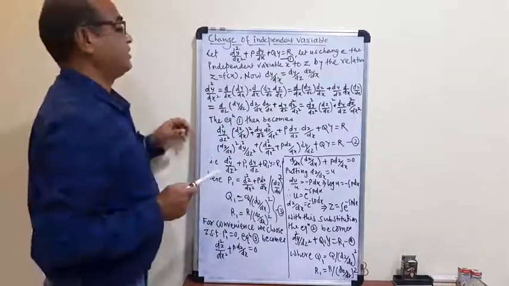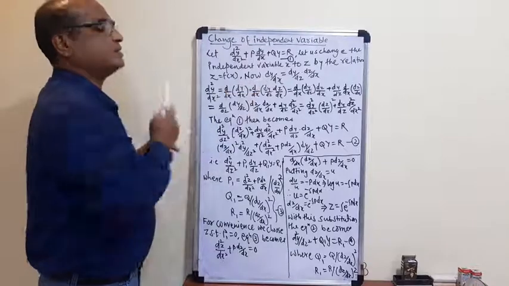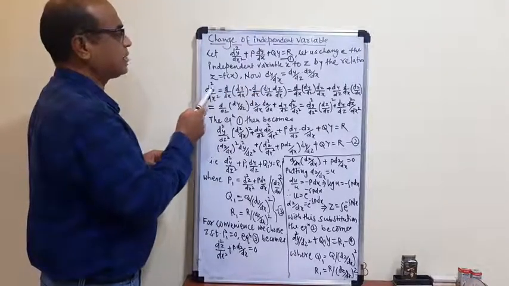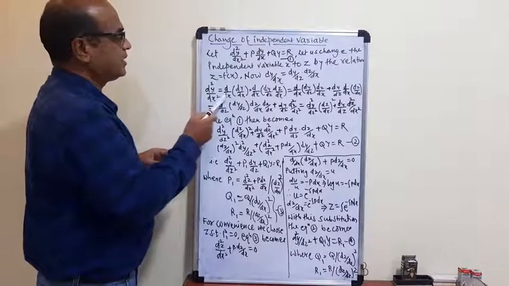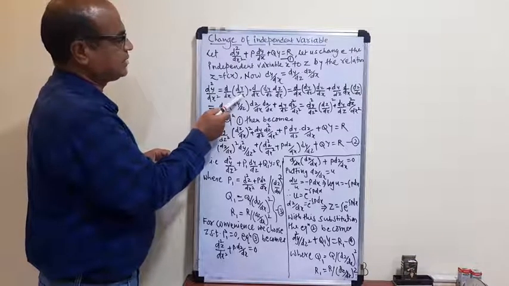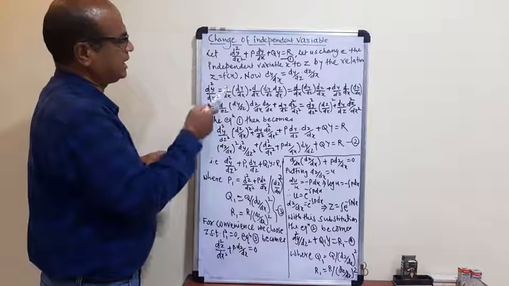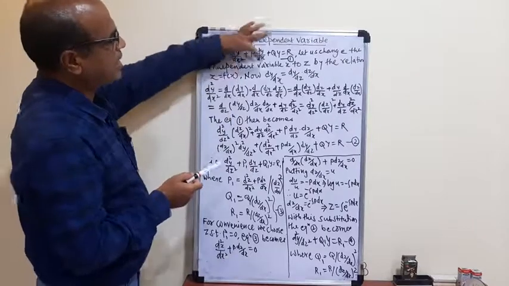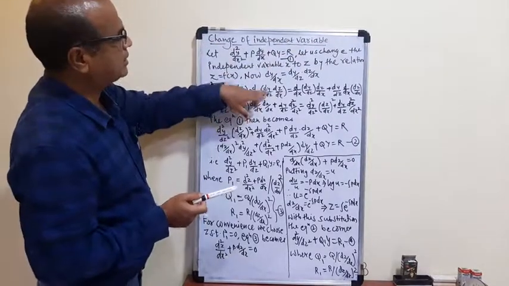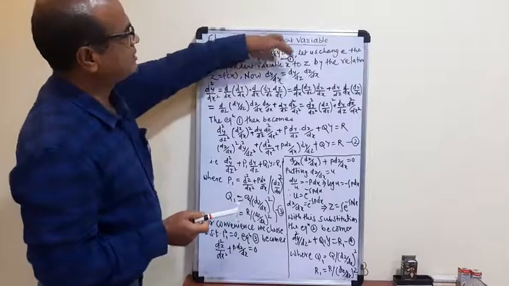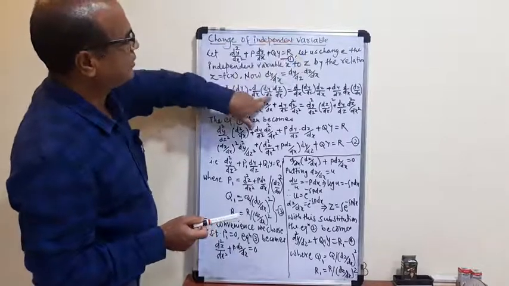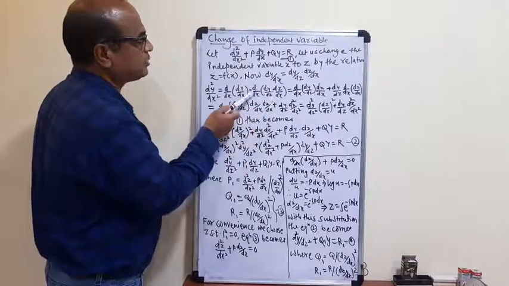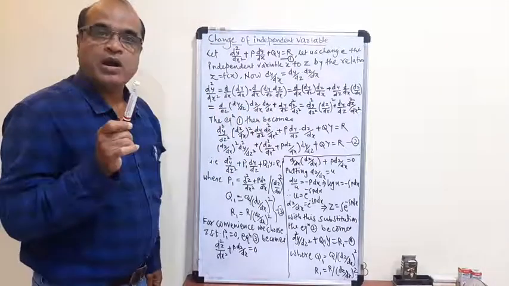Again we differentiate dy by dx with respect to x. So this is d2y by dx square, that is, the derivative of dy by dx. Put dy by dx equal to dy by dz into dz by dx, then find the derivative of this with respect to x by product rule.